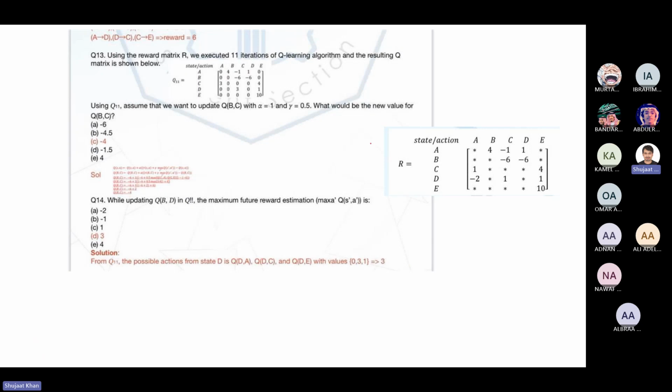Okay. So RBC is -6. RBC is -6 plus gamma, which is 0.5, and the maximum value from C is QCE, which is equal to 4.